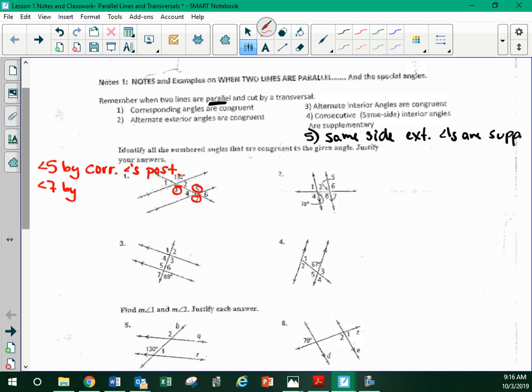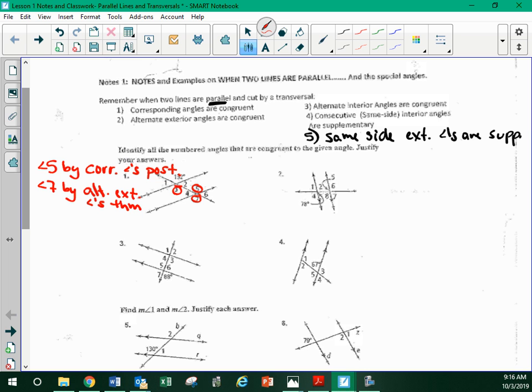Alternate exterior. By alternate exterior angles theorem. Okay, please abbreviate each one of those.